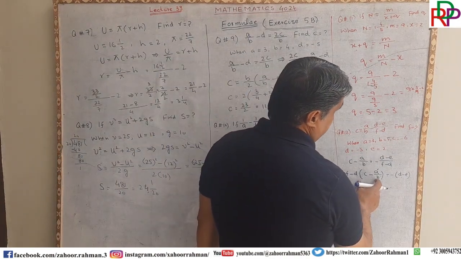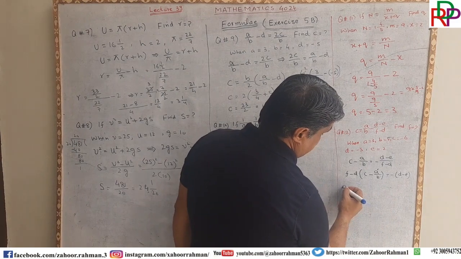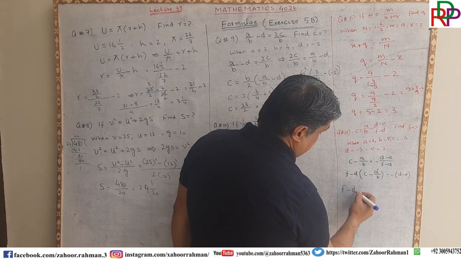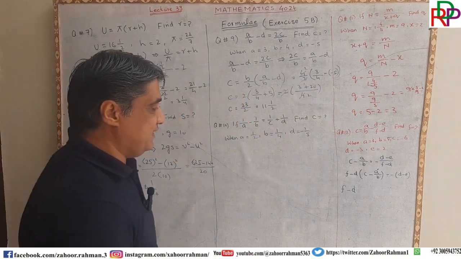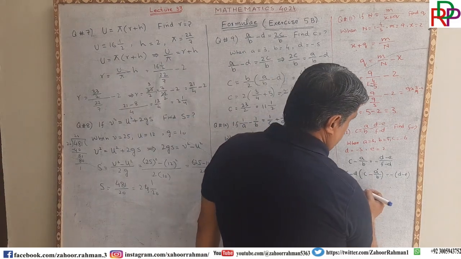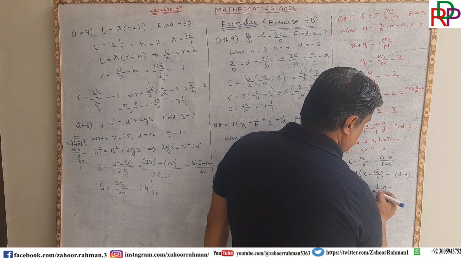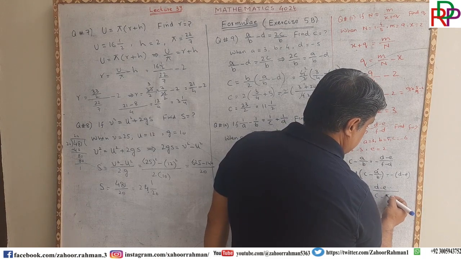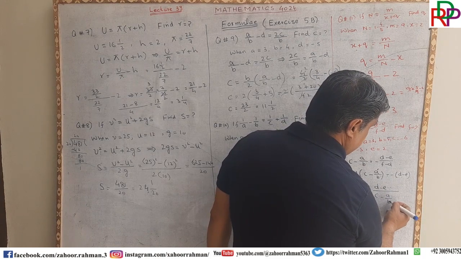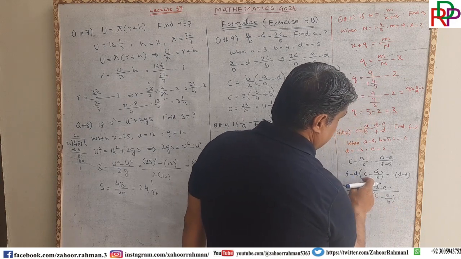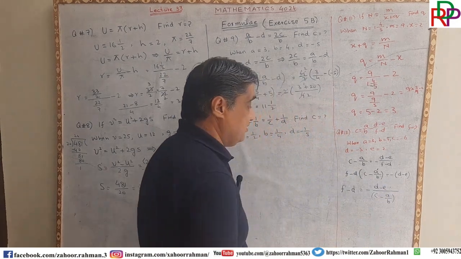Now I have to shift again this too. It is a bit complicated, but after all there is no other way of it. So I will write minus D minus E whole divided by C minus A divided by B. I brought it here down.